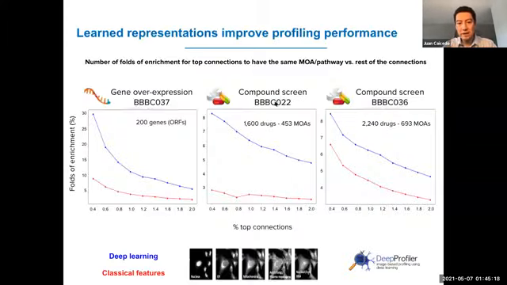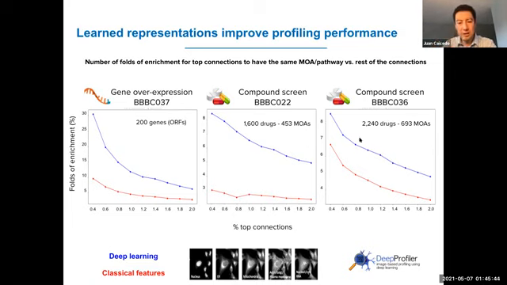So when we evaluate this in different experiments, we observe that there is a large difference between the deep learning features and the classical features. In the x-axis, we have the total number of connections that we observe as a percentage in the graph. And in the y-axis, we observe how much enrichment of truly biologically meaningful connections we observe.